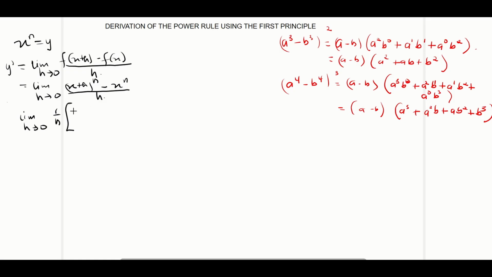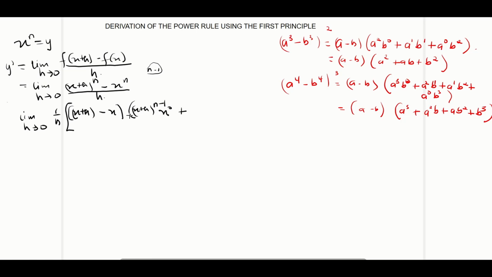So the first term is x plus h minus x, which we take out. Then, what is the highest power we have here? The highest power is n. So when we take 1 out of it, we have n minus 1 as our highest power. So the first term takes the highest power, which is (x plus h) to the power n minus 1, where the second term takes the least power, which is x to the power 0.